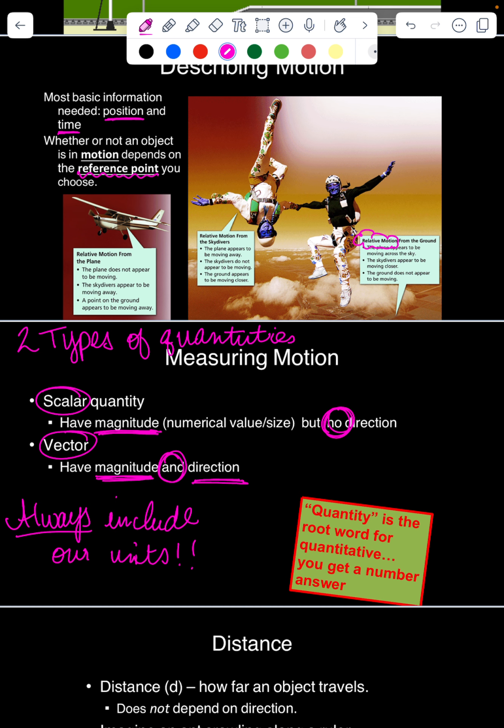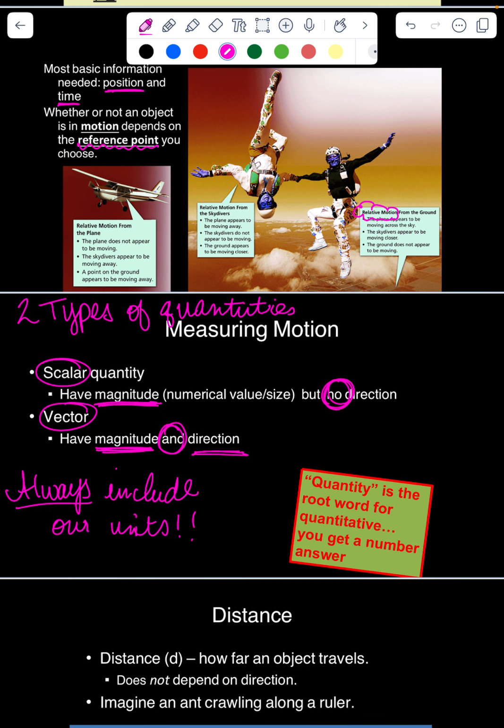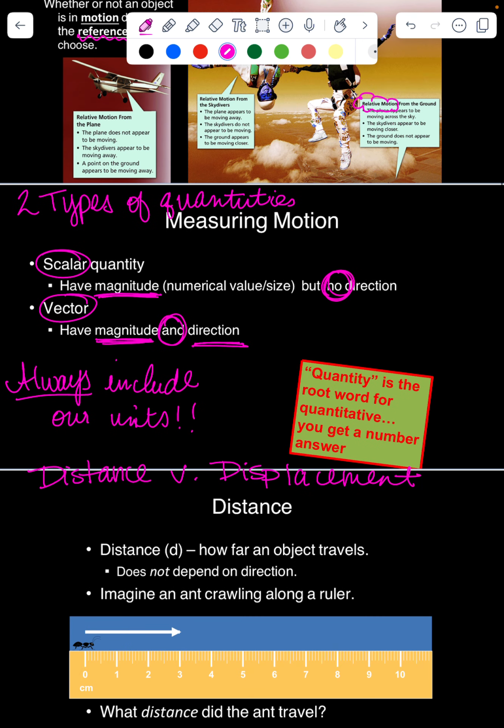All right, so let's look at the first of our two scalar and vector quantities. We're going to have distance versus displacement. Okay, that's what we're looking at today. All right, so distance we have been using pretty much since the beginning of the school year.